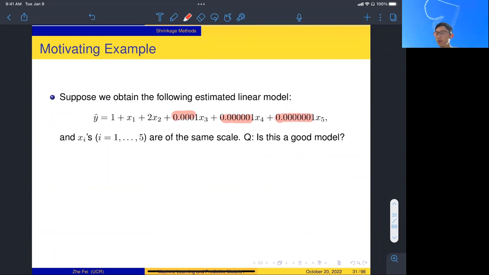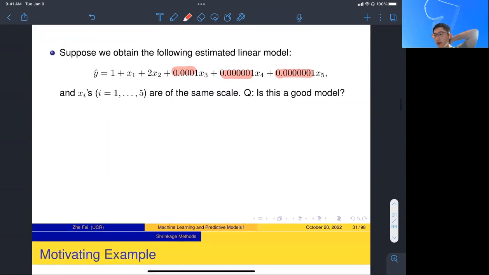Because this is y hat, we know this is the f hat function that we estimate. So the question is, is this a good model? We estimate this f hat, for example, from our linear regression.